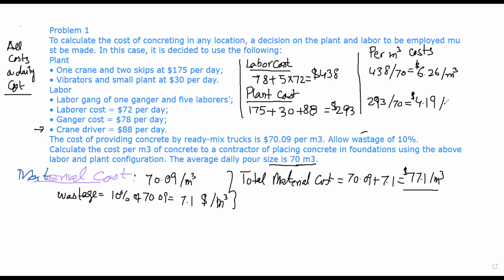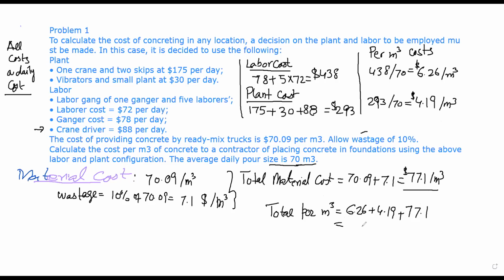4.19 dollar per cubic meter. So therefore, what is the total per cubic meter cost? So total per cubic meter cost will be the per cubic meter cost for the labor, which is 6.26, and then plus 4.19, and then plus for material it is 77.1.